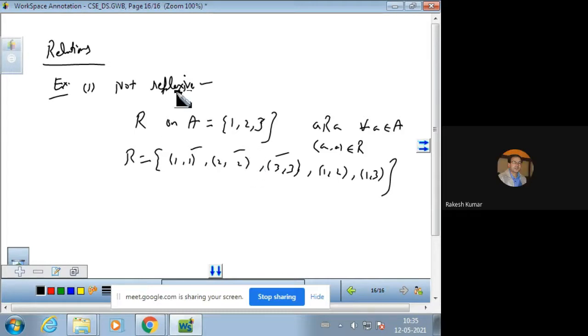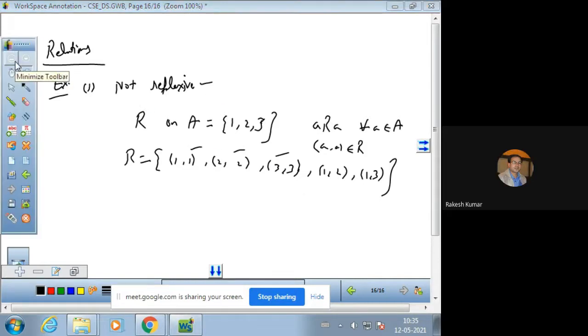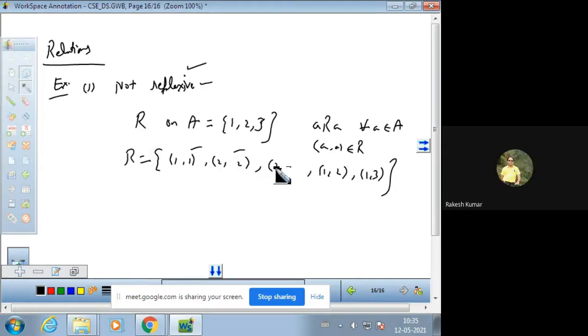So to make it not reflexive, we have to remove at least any one of these. So suppose I remove (3, 3) from here. So now the relation becomes not a reflexive relation. In place of (3, 3), you can take (2, 3). So this is a good example which is not a reflexive relation.